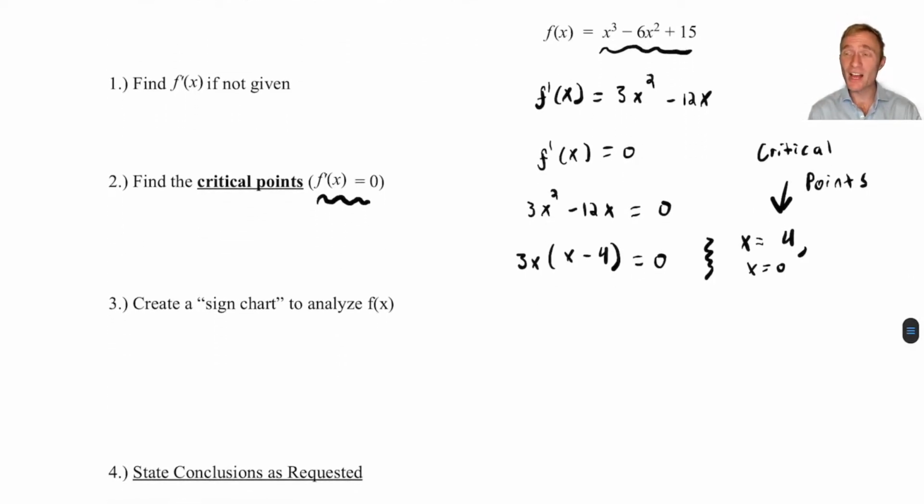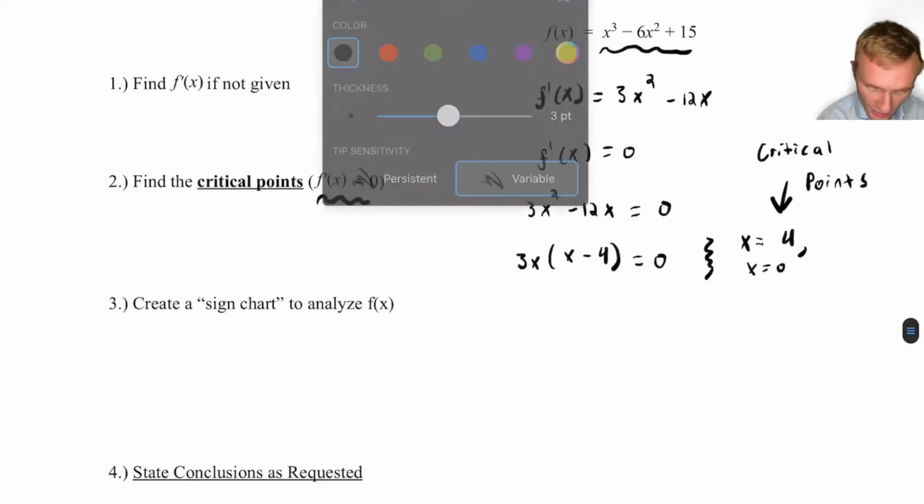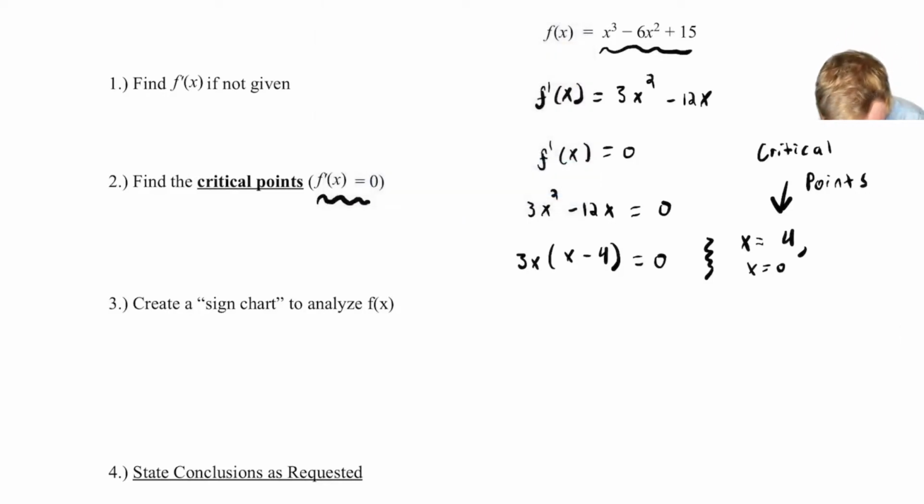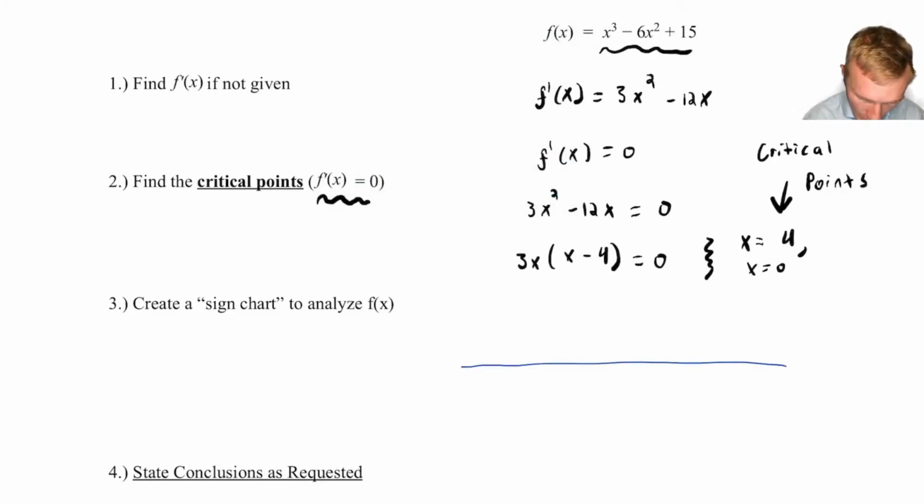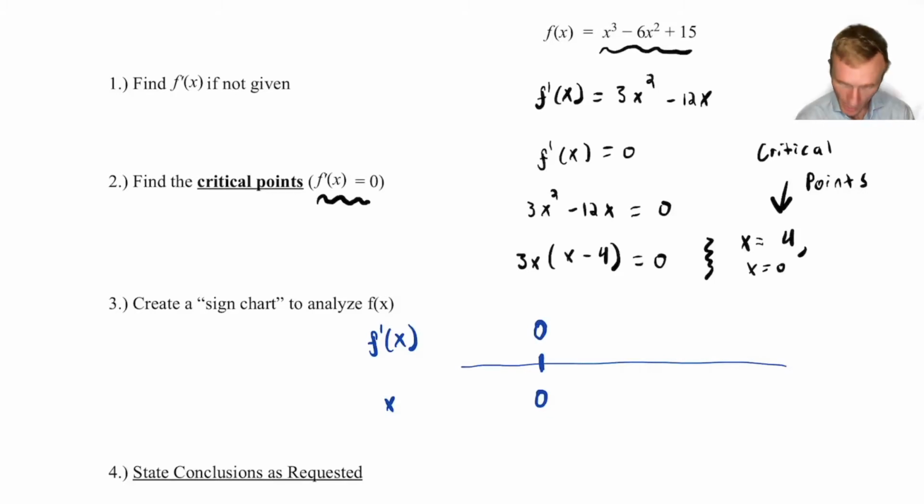And so we're going to base the rest of our analysis off of this. We're going to create a sign chart to analyze this function. What I mean by that is we're going to draw a straight line, and we know a few things. We know that when x is 0, the derivative is 0, because we just proved that above. We know that when x is 4, the derivative is 0.